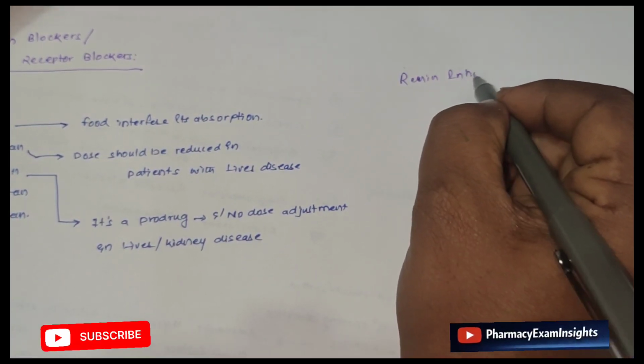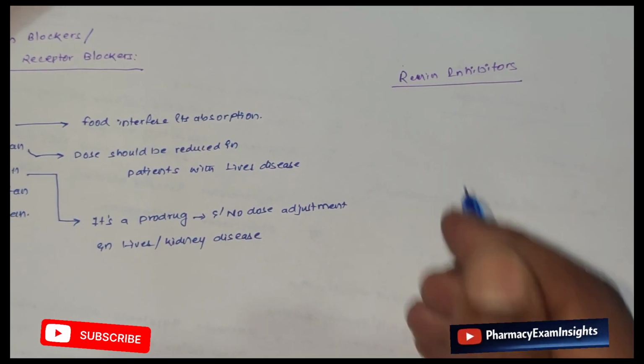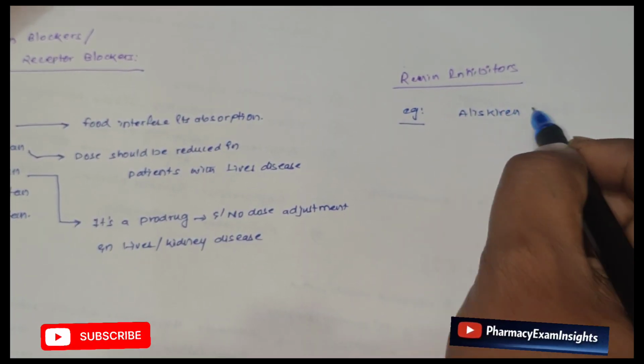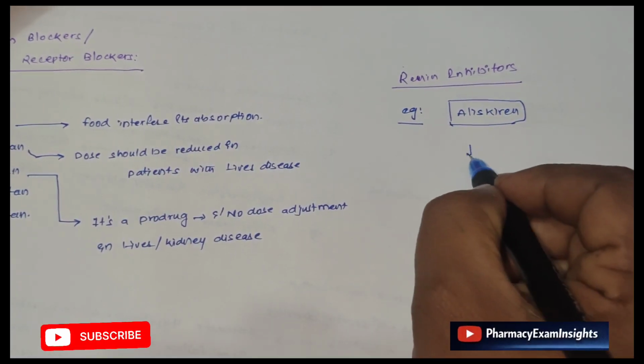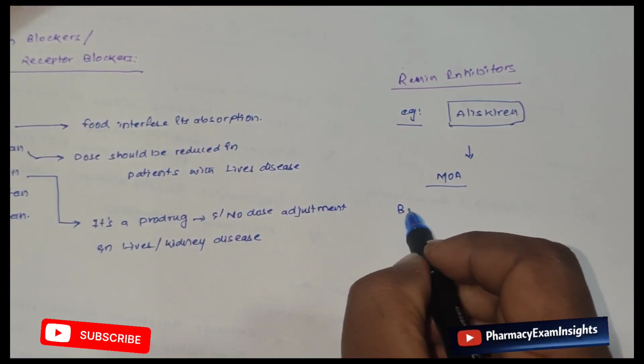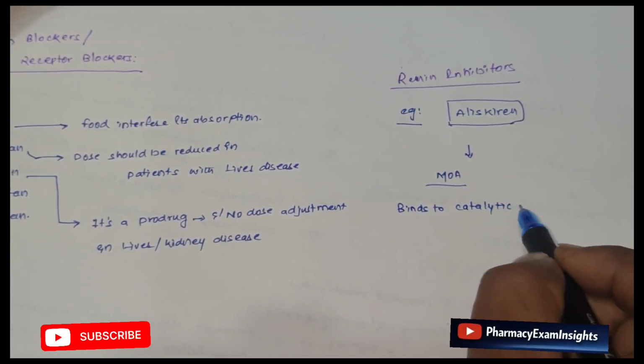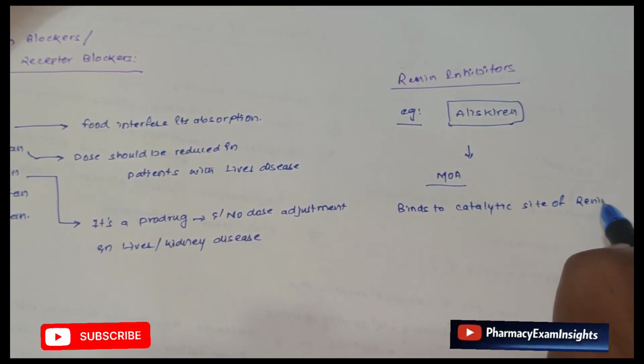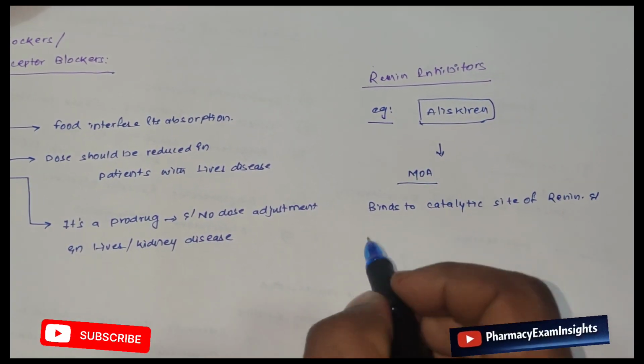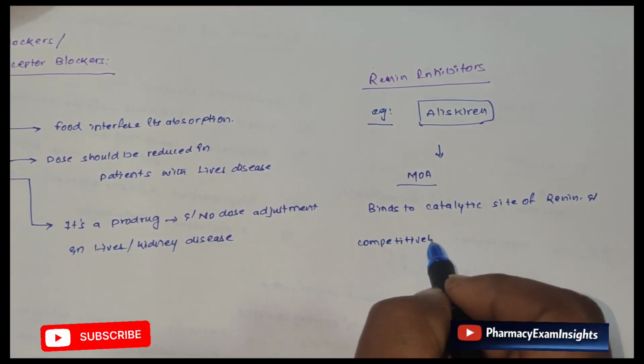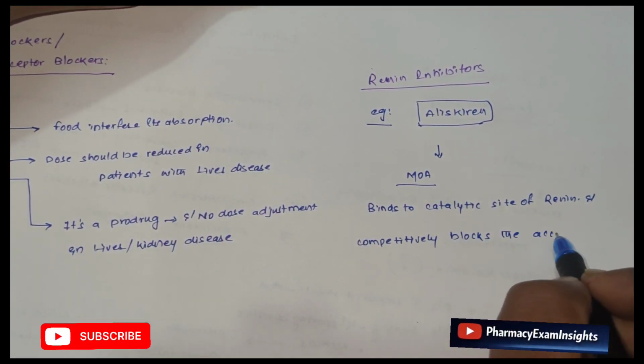Then coming to the renin inhibitors, an example is Aliskiren. The mechanism of action of this drug is that it binds to the catalytic site of renin and competitively blocks the access of angiotensinogen.